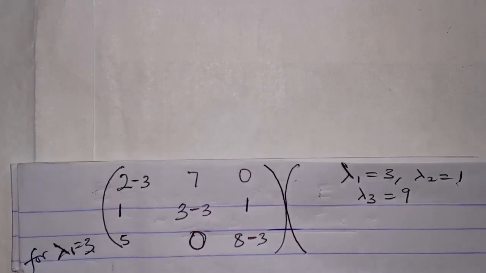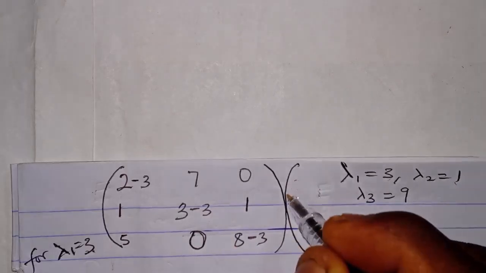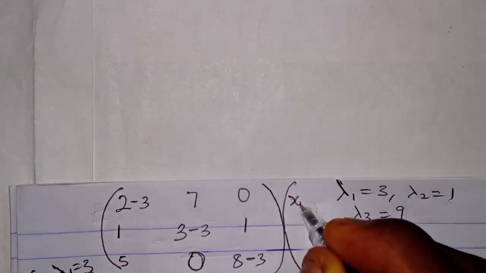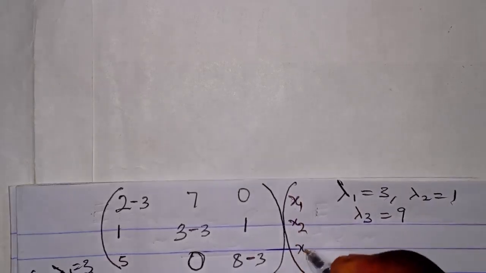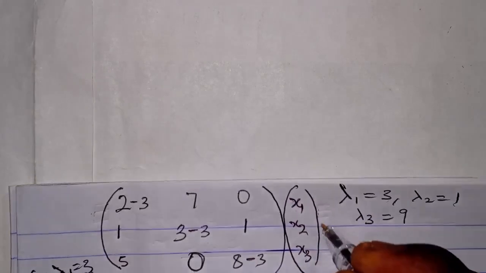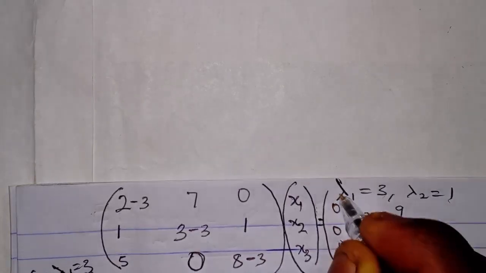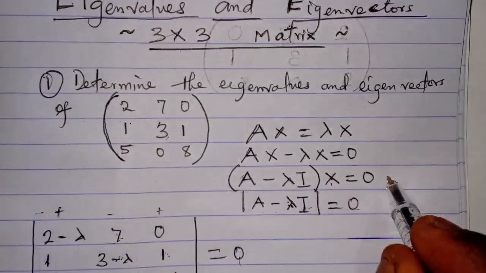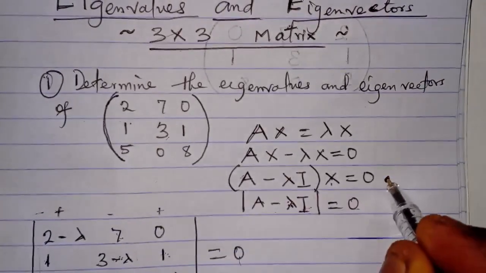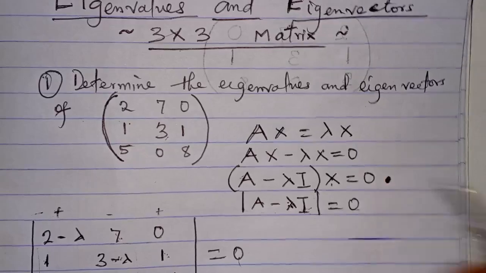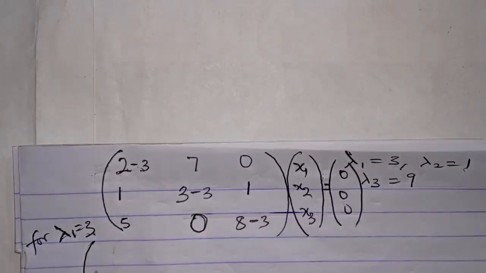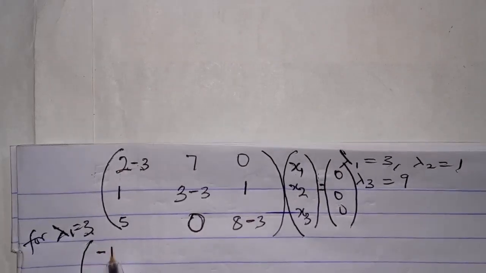A column vector is a matrix that has one column. And of course, this matrix here is going to have 3 rows because we are dealing with 3 rows here also. So we have x1, x2, x3, x1, x2, x3. And the product of this is equal to the 0 matrix, 0, 0, 0. I'm coming from this equation now, this one. This is where I'm coming from, okay? This minus this is minus 1.